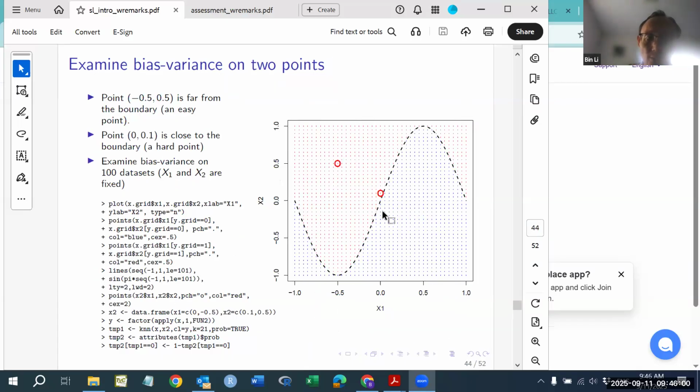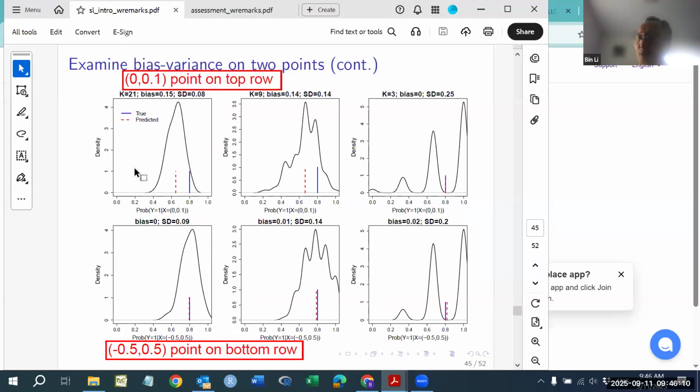Still, I'm running 100 data sets. Each time we do a classification, and since we have multiple runs, we can also find the probabilities.